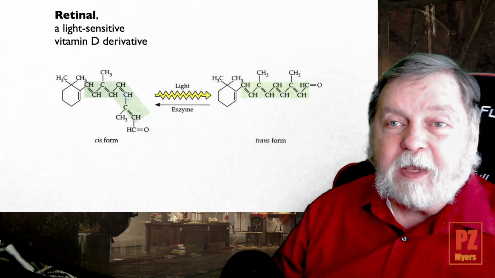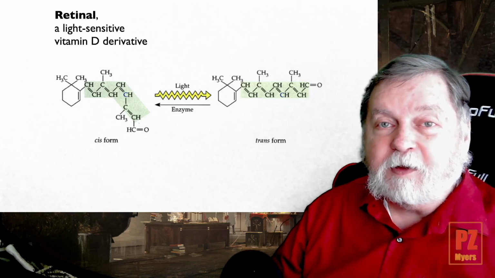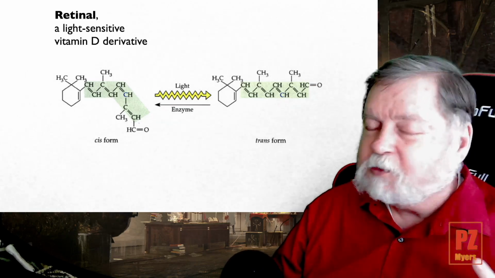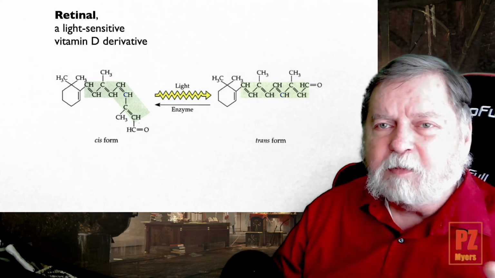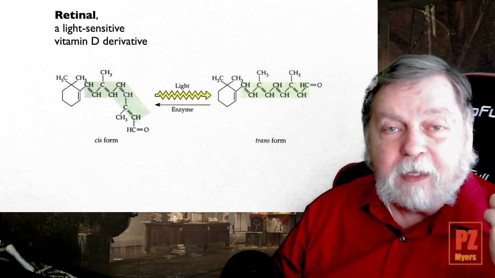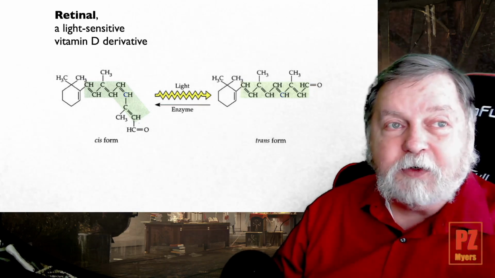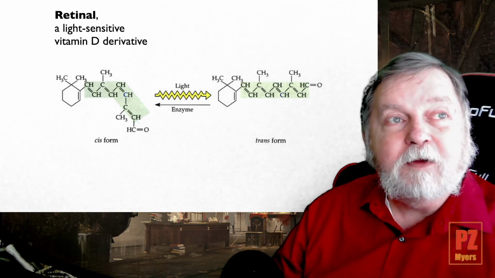One of the cool things about that is retinal has a different color spectrum than chlorophyll. Chlorophyll, as I'm sure you know, is a molecule that absorbs in the red and the blue wavelengths and reflects in the green. And that's why our trees all look green. Well, not my trees. My trees all look white and naked.